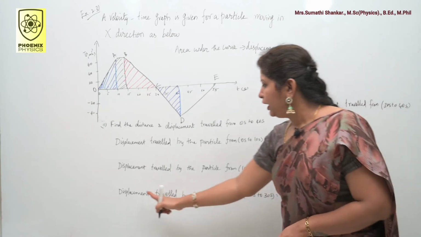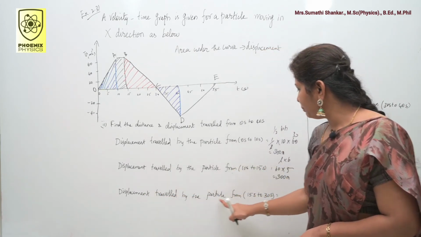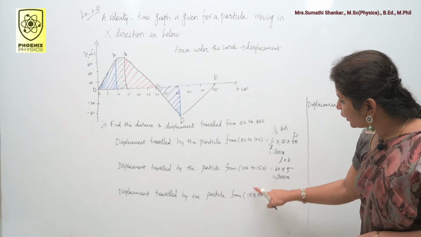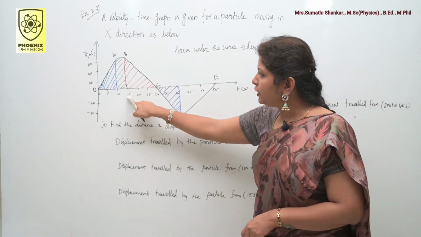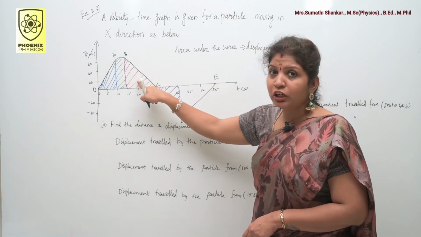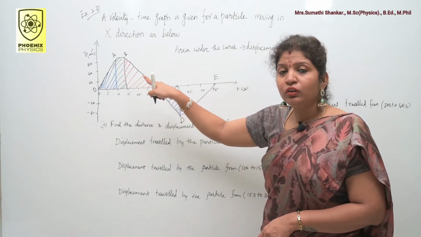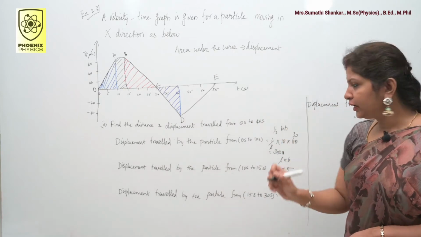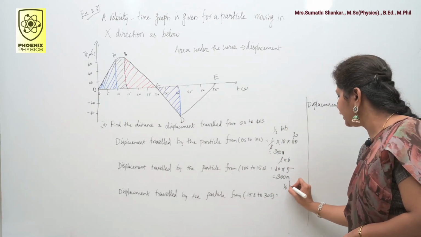Then third one, displacement travelled by the particle from 15 second to 30 second. Here the area under the curve is similar to a triangle. You know the formula, area of the triangle is half BH.